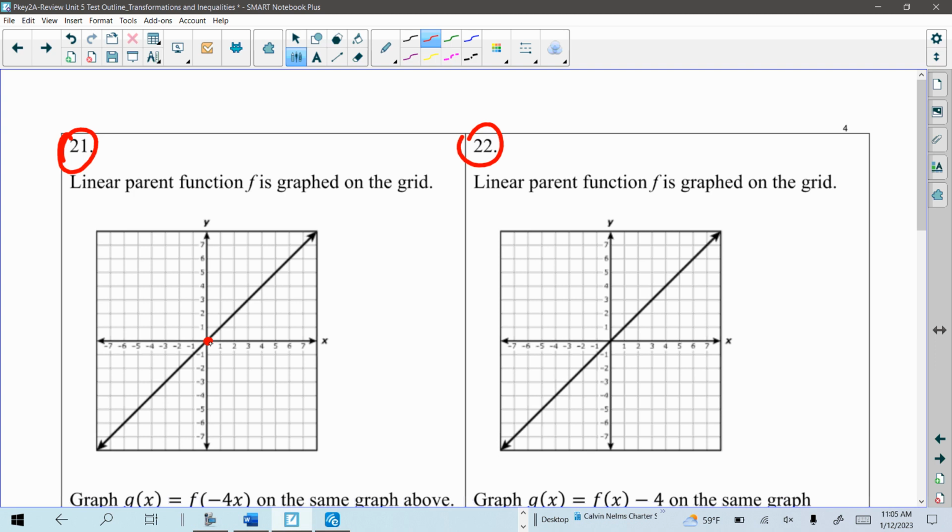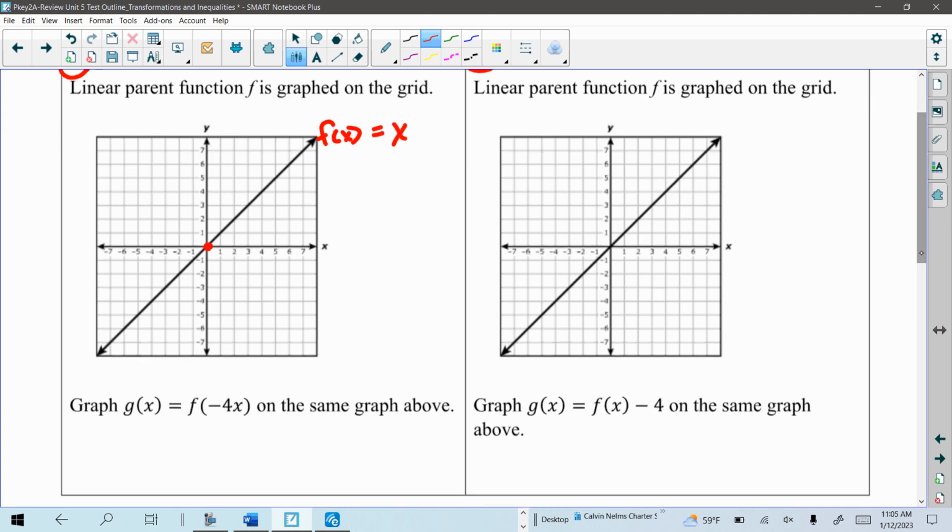Is that what you're referring to? This line is f of x. Do y'all know what that is? Slope of 1. Okay, so what equation would this be? Y equals x. Yeah, f of x equals x. So that's our original equation.